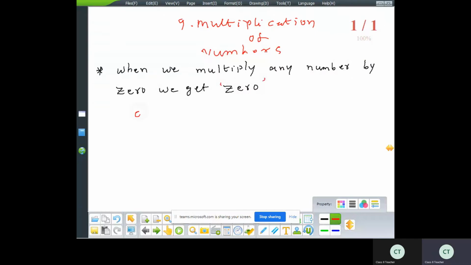Now examples are: 5 into 0, 5 times of 0, 0. 8 times of 0, 8 into 0, 0. 6 times of 0, 6 into 0, 0. 0 times of 7, 0 into 7, 0. When we multiply any number by 0, we get 0.